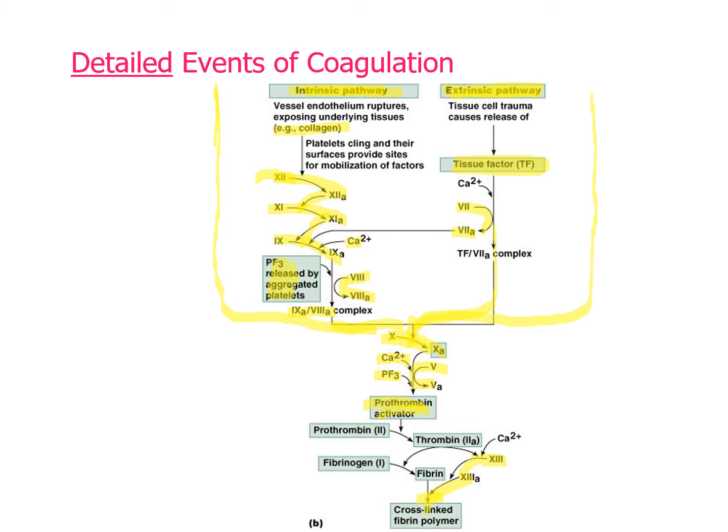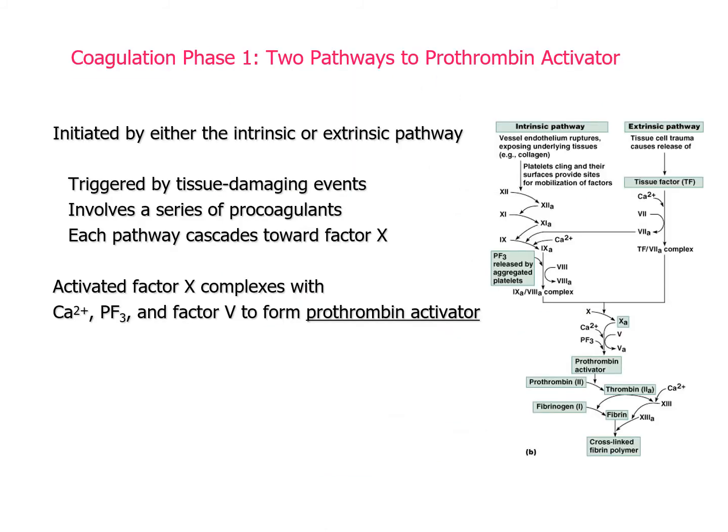All right. Okay. So this is going over what I talked about, that the pathways are initiated by intrinsic factor. This is collagen fiber triggered. This is tissue factor triggered. So you have a tissue damaging event resulting in some bleeding, and you get a series of protein molecules that are soluble in the plasma.